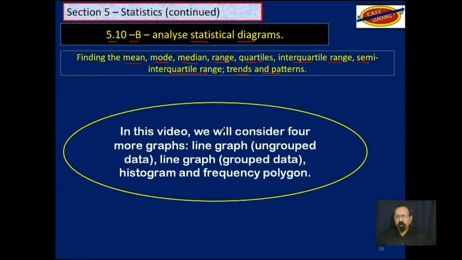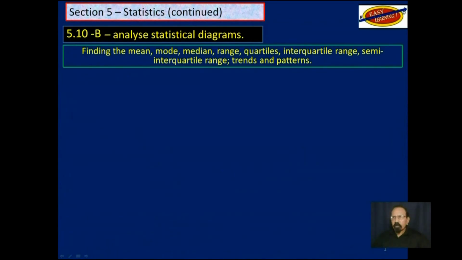In this video, we will consider 4 more graphs: 2 line graphs, one from ungrouped data and the other from grouped data. We will also look at a histogram and a frequency polygon. And that will be all the time we will have to spend on this objective. 2 videos.